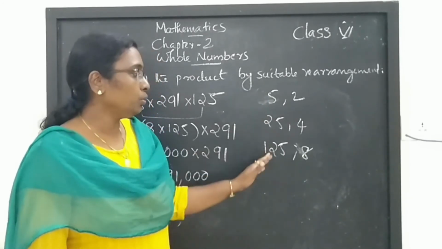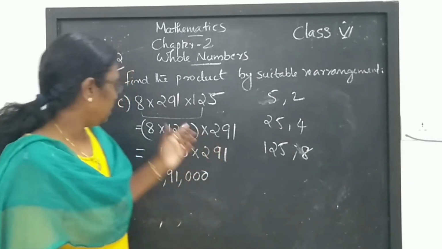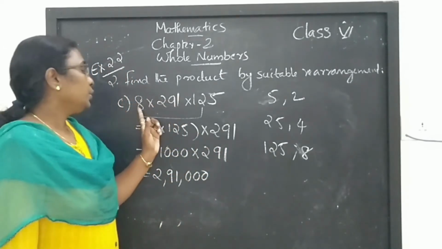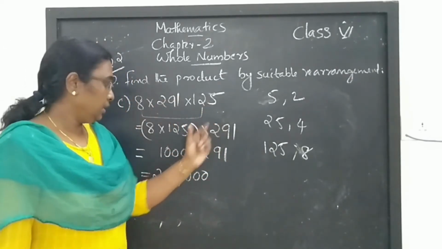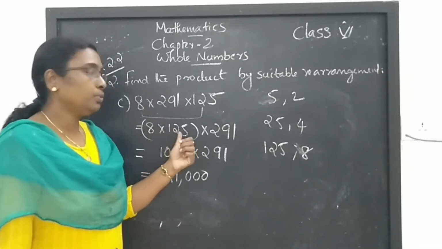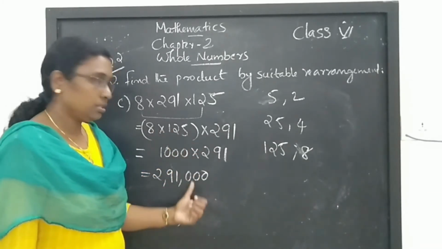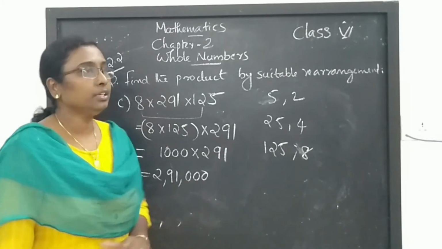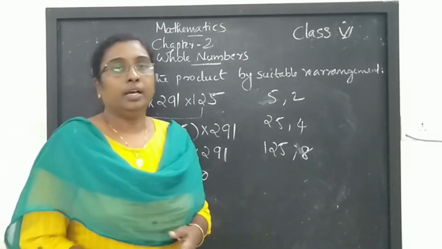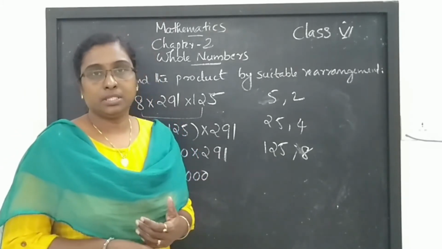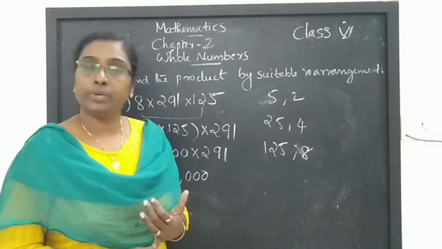So we group such numbers together. Here also, we group 8 and 125 together, because 8 into 125 equal to 1000. Okay? Clear?